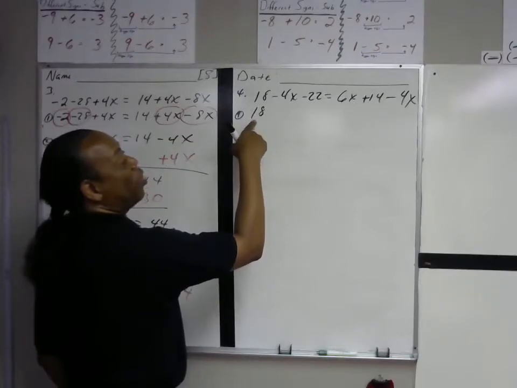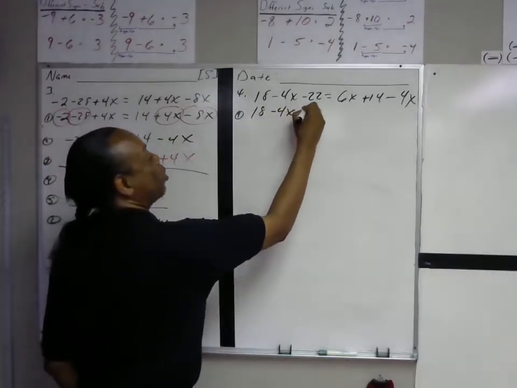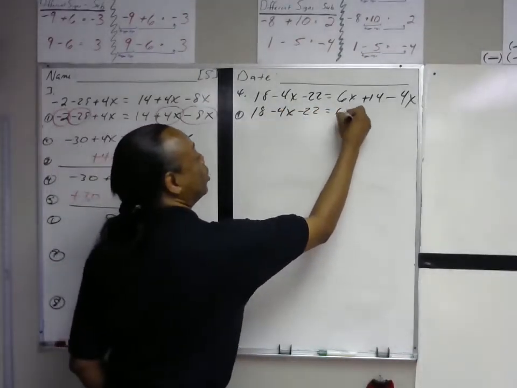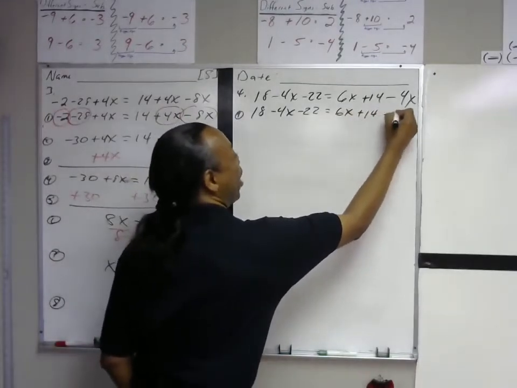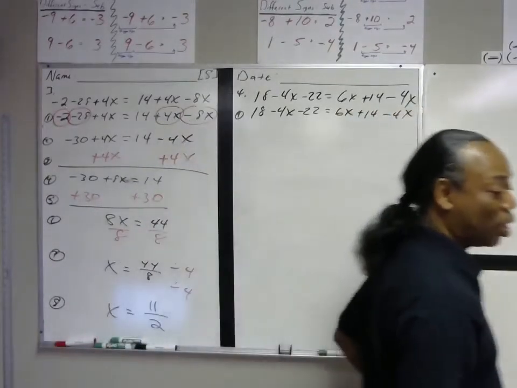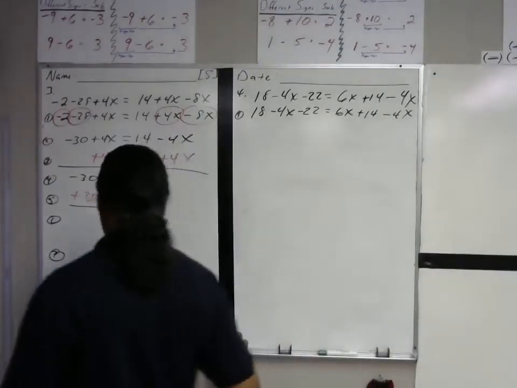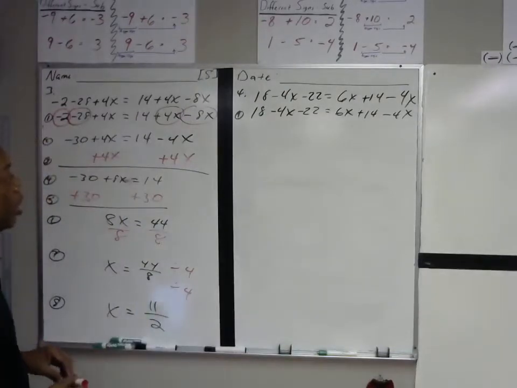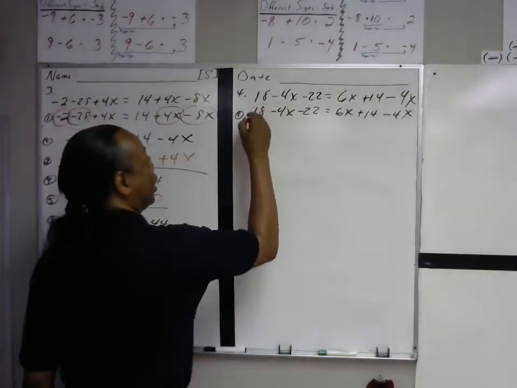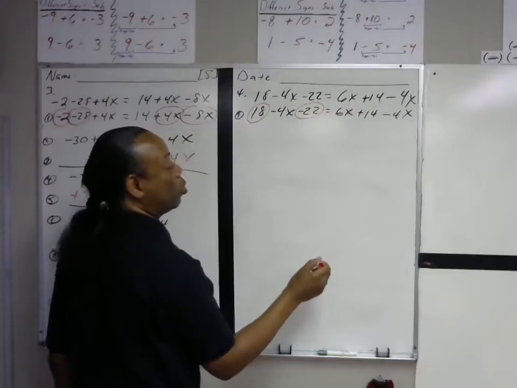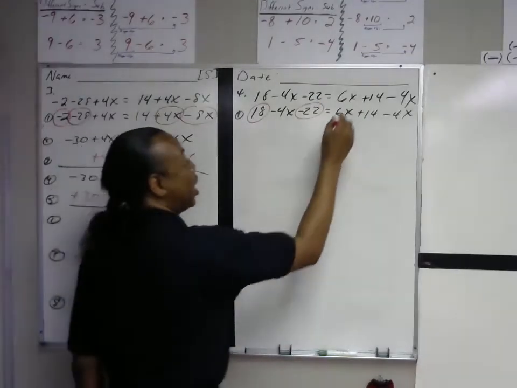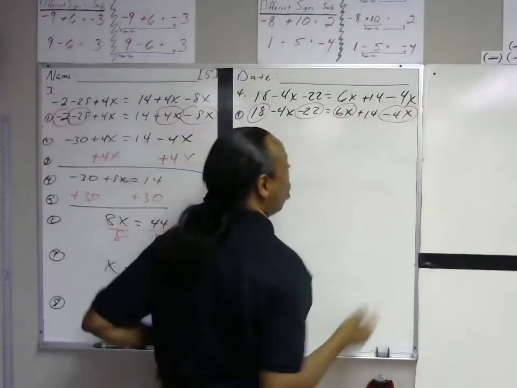All right, class, write down 18 minus 4x minus 22 equals 6x plus 14 minus 4x. And from there, class, we're going to circle the like terms so we can combine them. It's the 18 and negative 22 on the left side, and it's the 6x and the negative 4x on the right side.